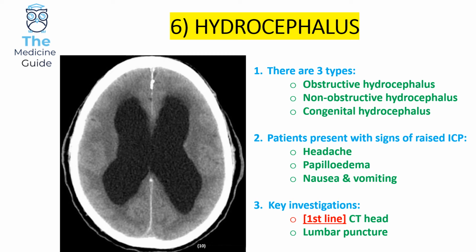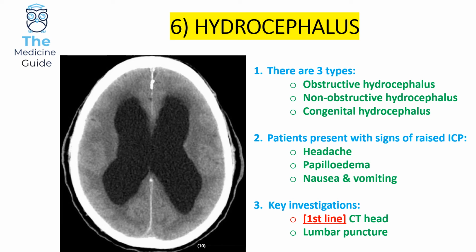Now the key investigation needed in a patient presenting with a hydrocephalus, first of all, is to do a CT head, and as I said, on a CT head you'll be able to find enlarged dilated ventricles, such as the image on the screen. Now, a lumbar puncture is contraindicated in patients who have an obstructive hydrocephalus.